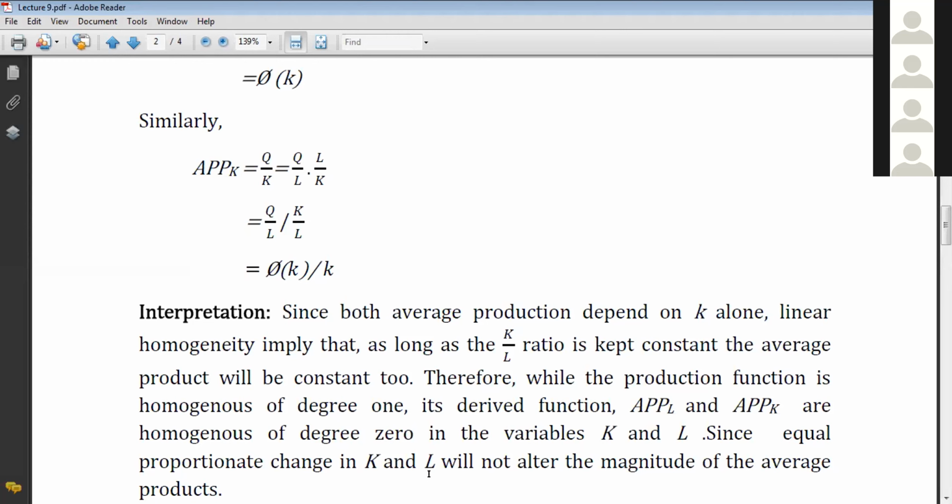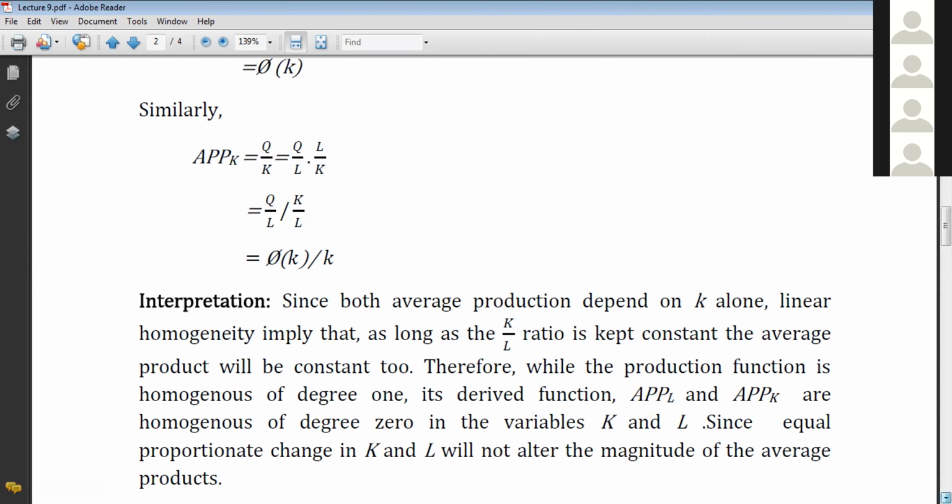Economically, if capital and labor are increased by the firm in the same proportion, keeping the capital labor ratio constant, then there is absolutely no change in the average physical product of labor and the average physical product of capital. So as a result, they are homogeneous of degree 0 in capital and labor. Clear? Is it clear to everyone?